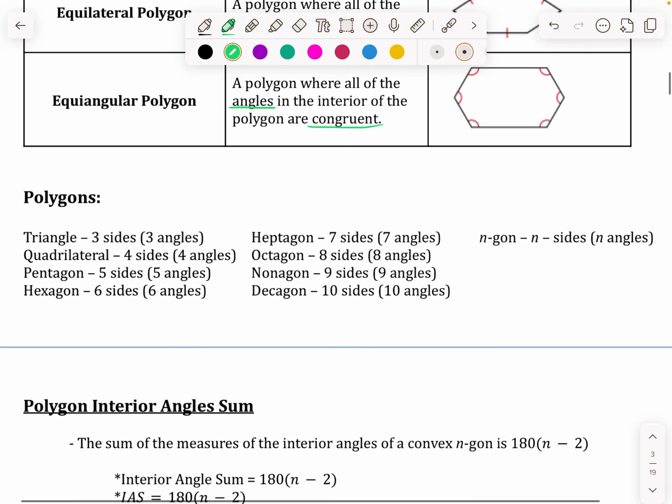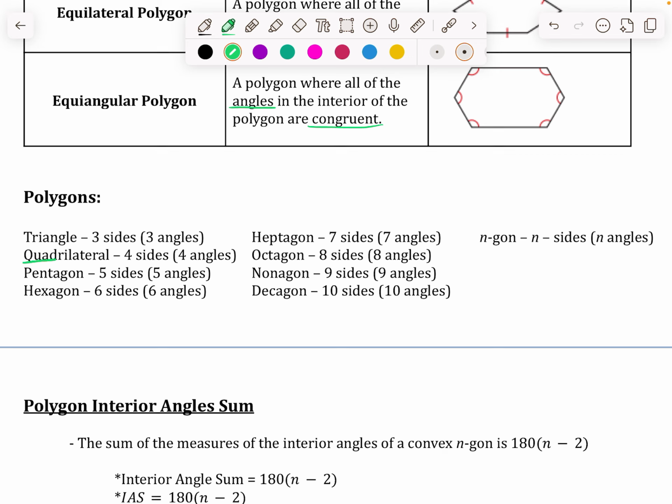Here are the polygons that you may be familiar with. You will be expected to know how many sides each of these shapes have, so it might be worth studying a few of these. I know that you probably remember triangles have 3 sides and 3 angles. Quadrilateral, quad means 4.